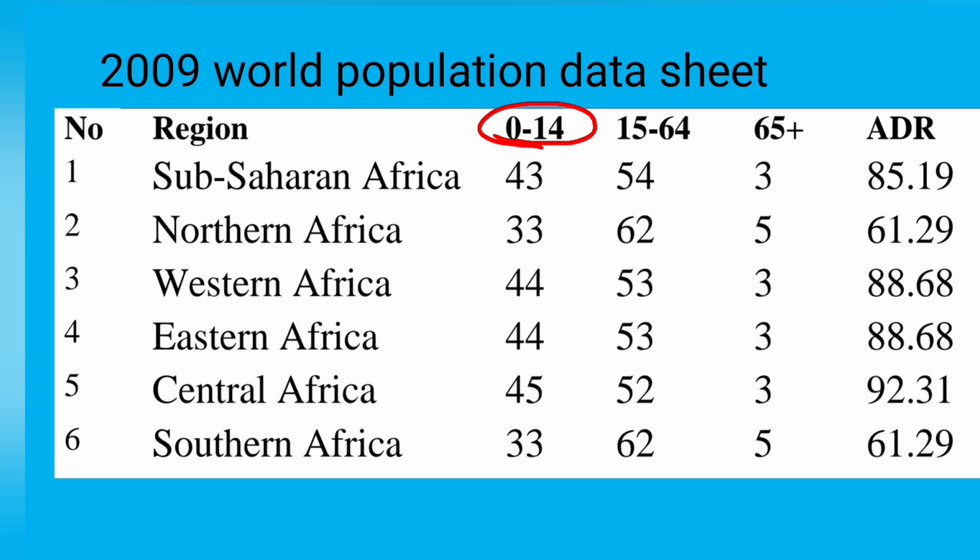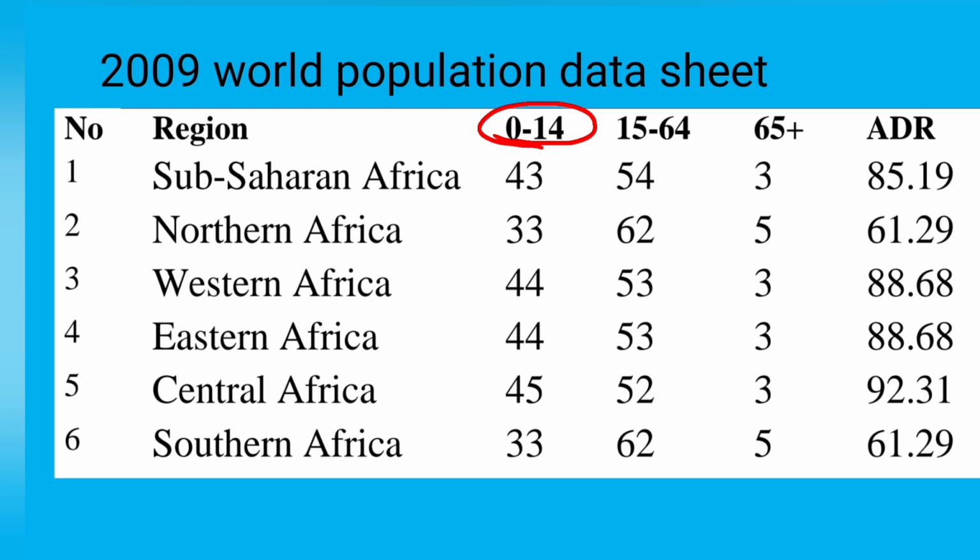The dependent elders, more than 65 years, are only 3%. The age dependency ratio of this region is about 85.82.